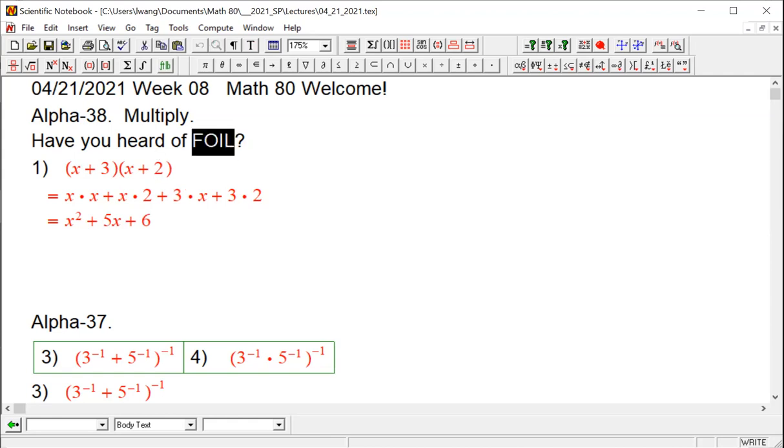Does everybody know how to do the FOIL? No problem? Okay, so could you do them all if I leave them for you? I'm sure you can, right? So I'm going to leave alpha 38 all for you to practice.